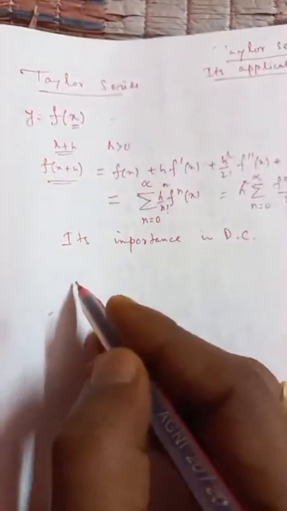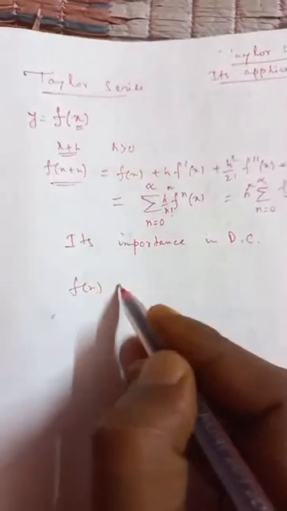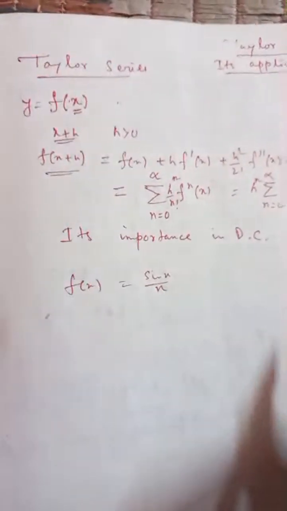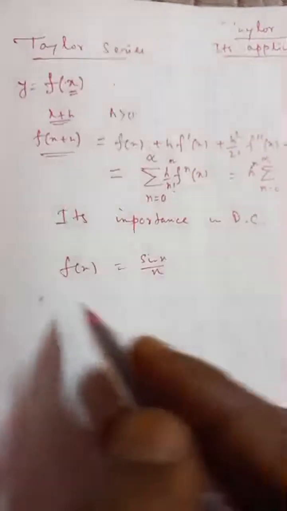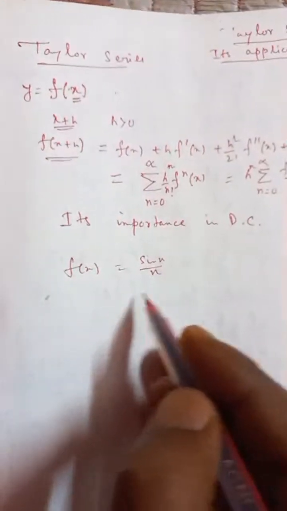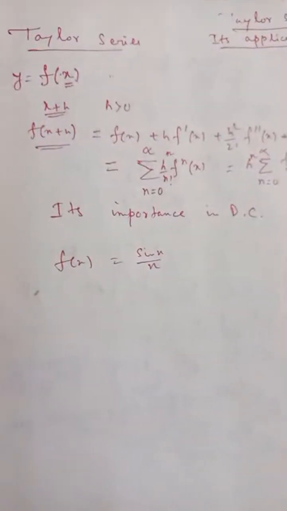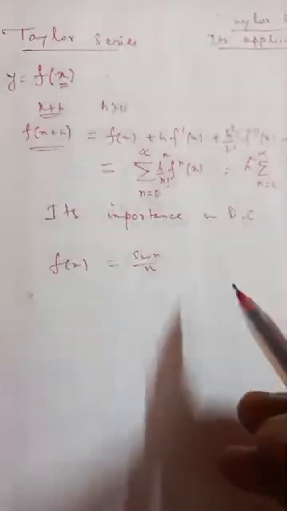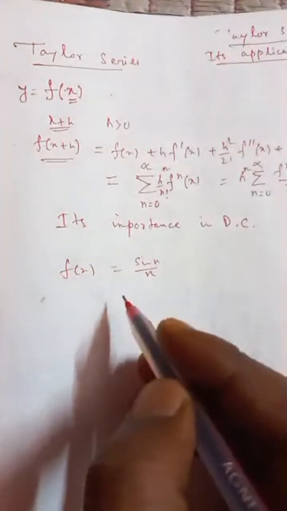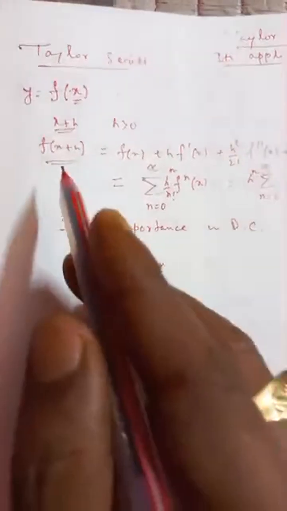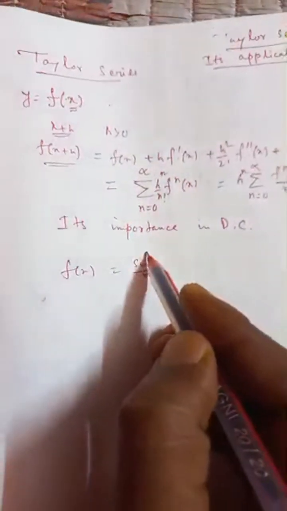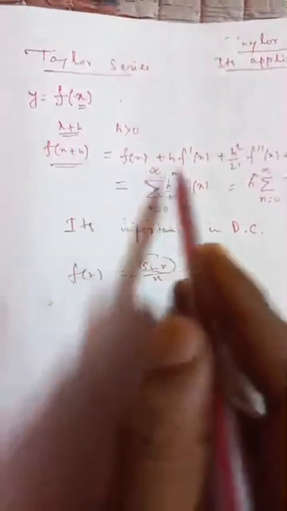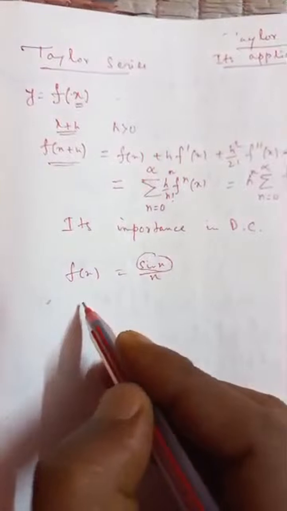Like if we have a function f(x) equal to sin x by x, and if we wish to know its limiting value, then we have to just express sin x in terms of the Taylor series in this way.